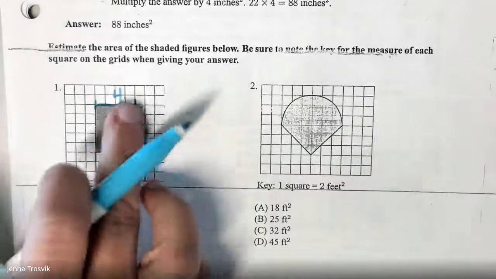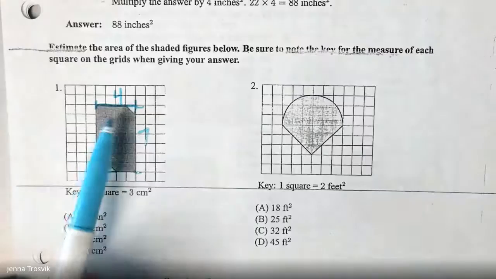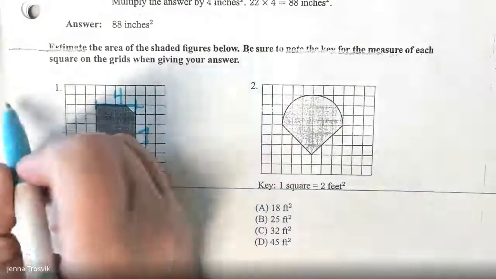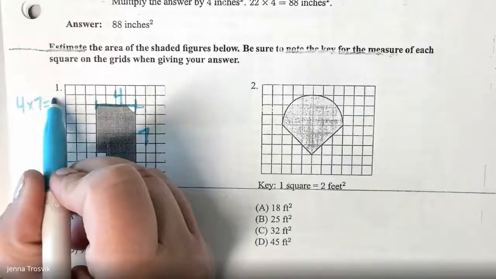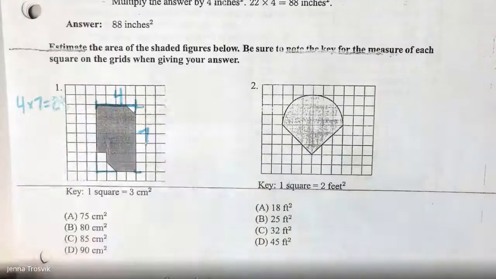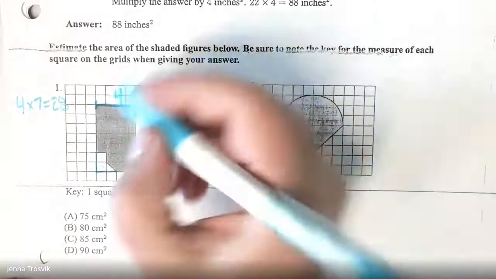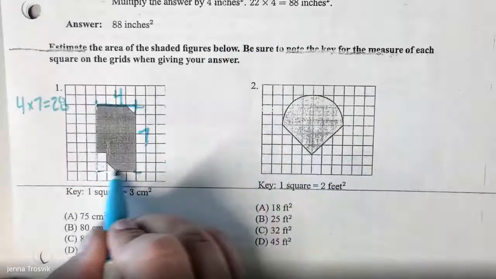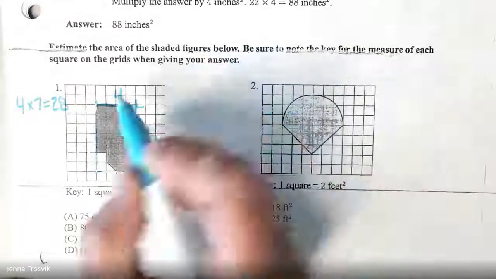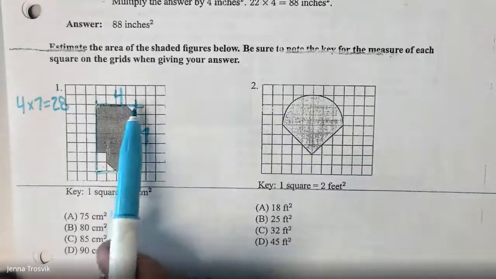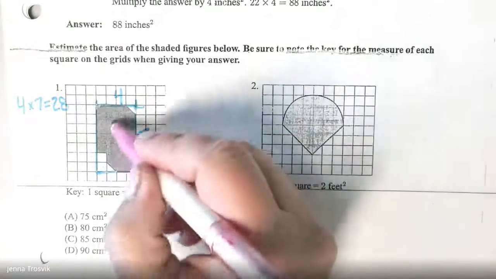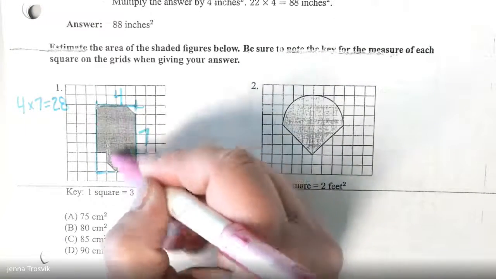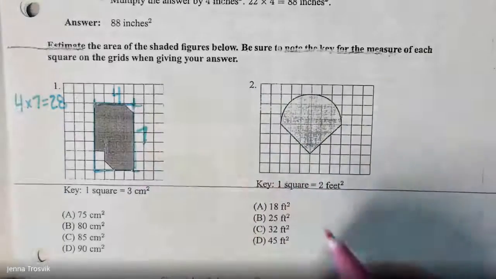If this were completely a perfect rectangle, I would solve by multiplying 4 times 7 to get the area of 28 total units. Now, that's only if my shape was this perfect rectangle. But we see that we have gaps here. Those white gaps would be what we're going to take away from that perfect rectangle to approximate the area of this weird looking shape inside of our rectangle.